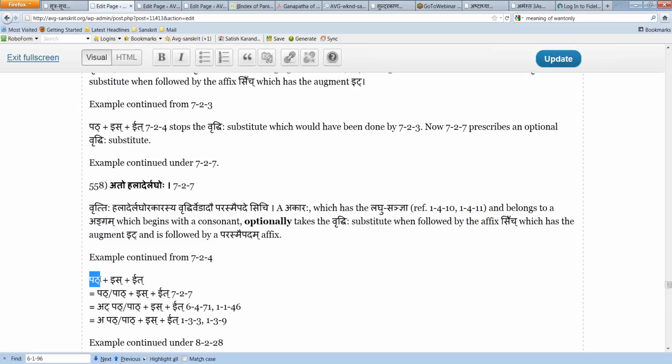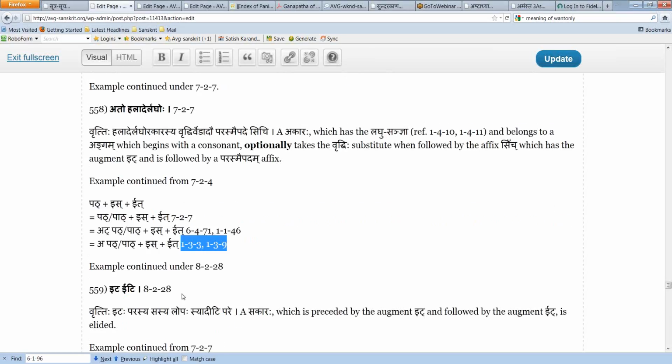Angam is haladi, it has a laghu akaraha, it's followed by sich which has the idagamaha, followed by parasmaipadam. So now we get the vriddhi vikalpena. Becomes pat or part. And then of course finally the idagamaha, and then we get anubandha lopaha, and we get a pat athva part is eat.